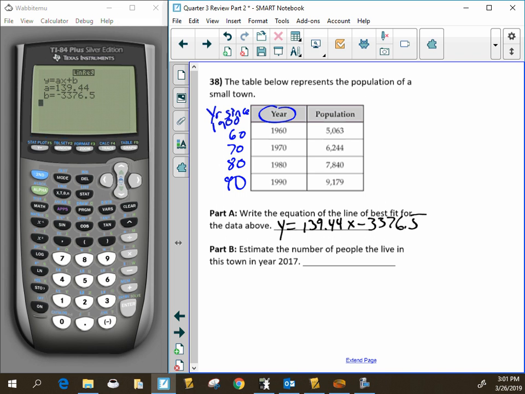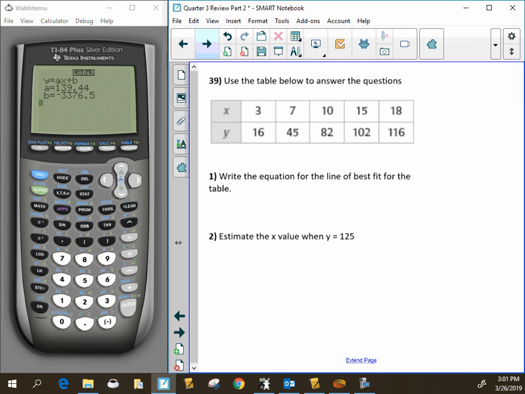So to estimate this last one, this will be y equals 139.44 times 117, because it's 117 years after 1900, minus 3376.5. And if you do that math, you get an answer of 12,938.